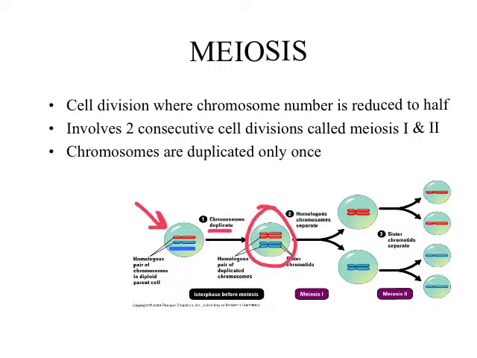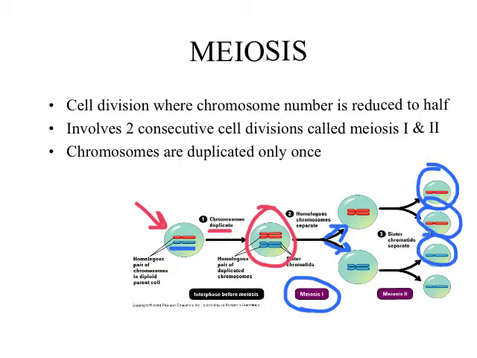Now those 2 sister chromatids in meiosis 1 are going to be divided into 2 separate cells. Okay, and then what we have to do is to make sure that we don't double up on chromosomes in the next organism, we have to divide those sister chromosomes even further to split them apart.